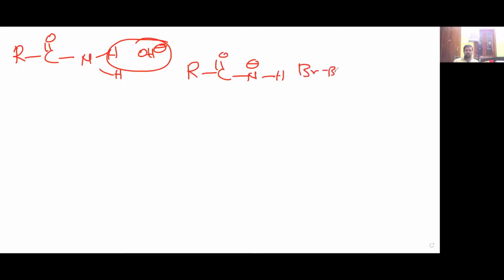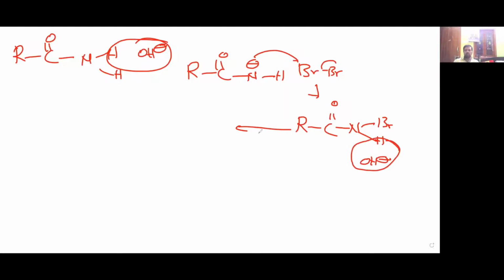This N minus is treated with Br2, it is attacking, then RC double bond O, N, Br, hydrogen. Then again you added base, water eliminated, then you are going to get R, C double bond O, N minus Br.